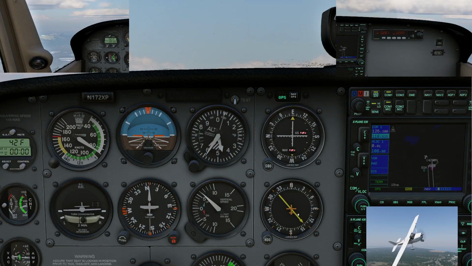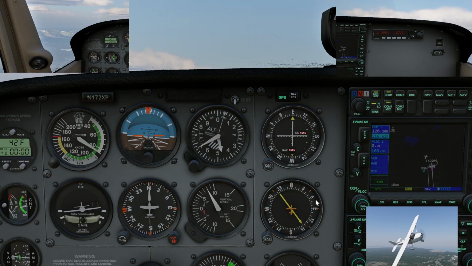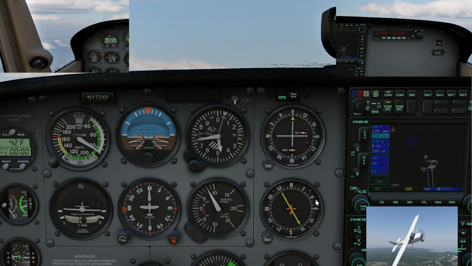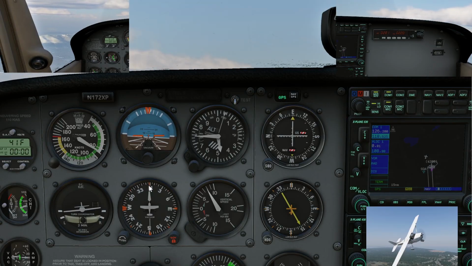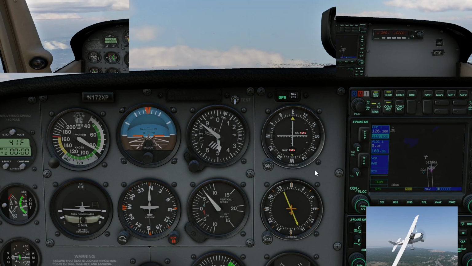4,500 for 6,000. Okay, let's pick up our heading. There's 357 right there on the heading indicator. Now we want to get back to our course.